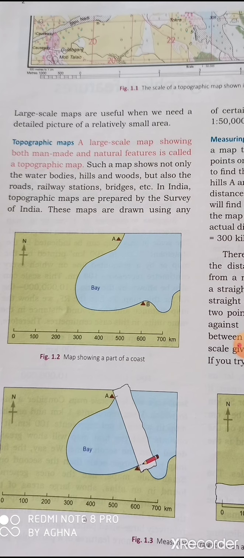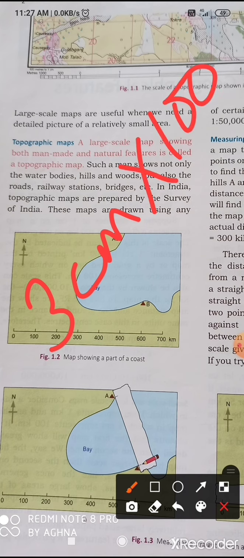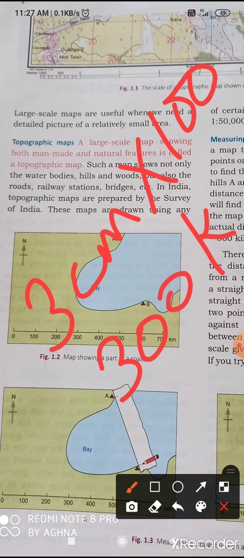Like if your ruler reads 3 centimeter, and they have given 100 kilometer on the ground, you multiply by 100, so your answer will be 300 kilometer. In this way you have to find out the answer.